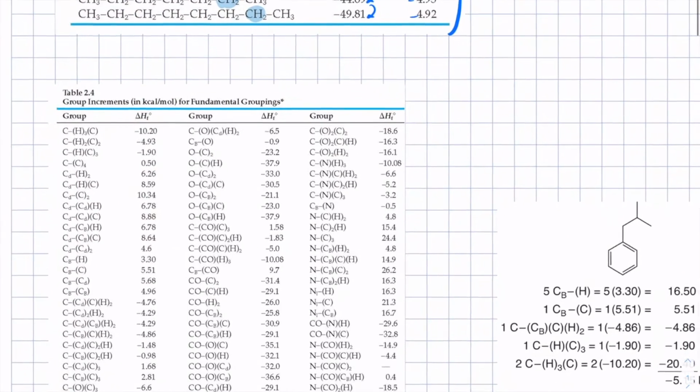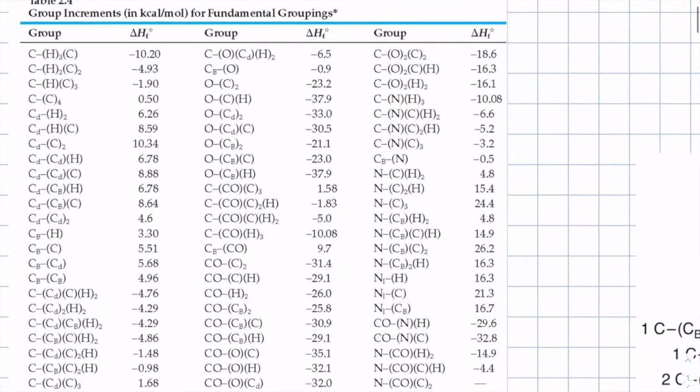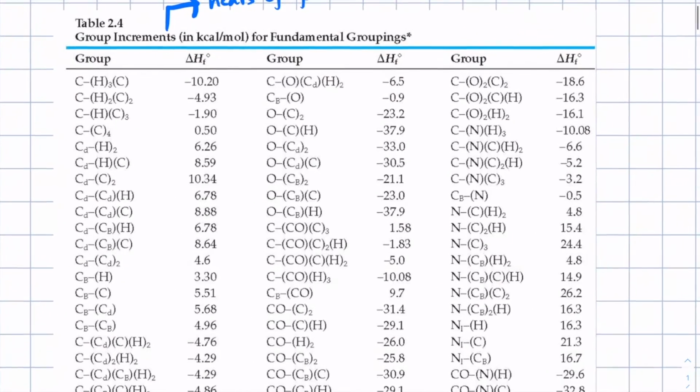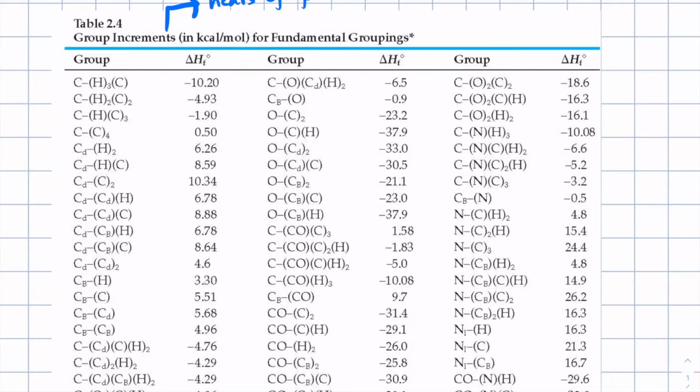So table 2.4 presents a number of group increments, and these are group increments for heat of formation. And the way these are written is a little bit difficult to interpret.